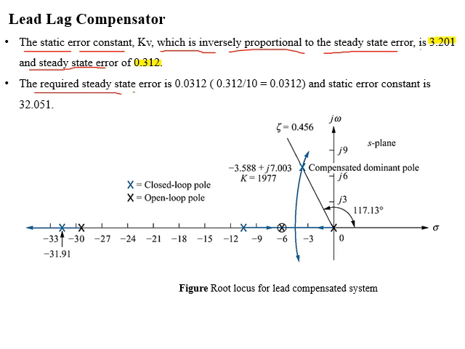The required steady state error will be 0.0312, which is 10 times less than the steady state error of the uncompensated system. Now the static error constant associated with this steady state error is 32.051. Students, the figure represents the root locus for the lead compensated system.